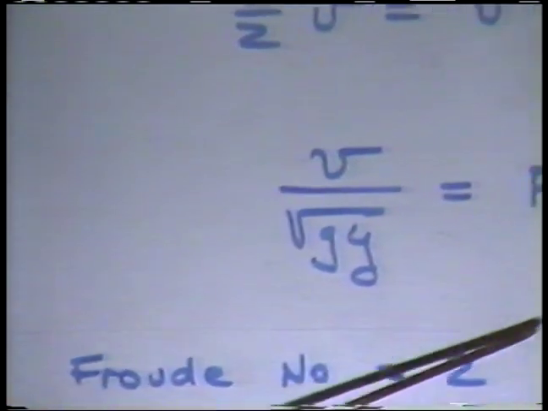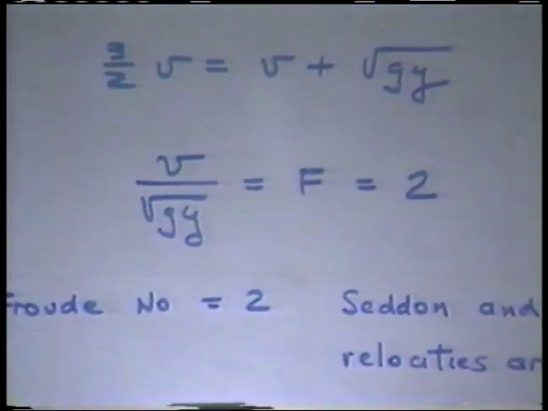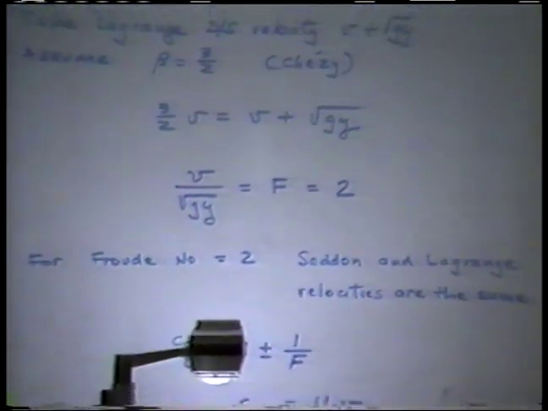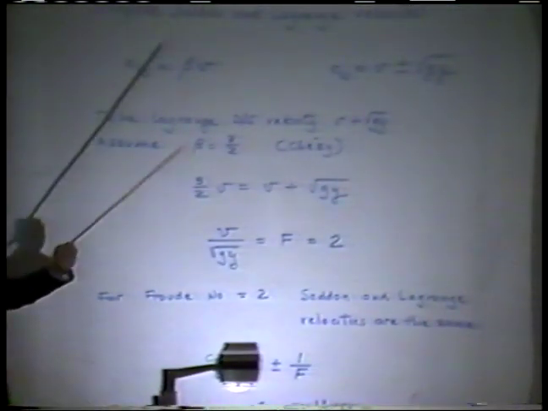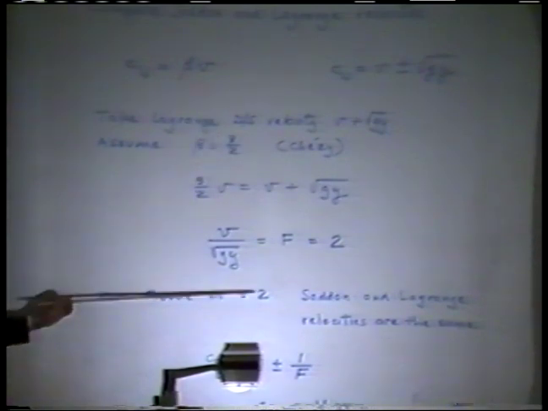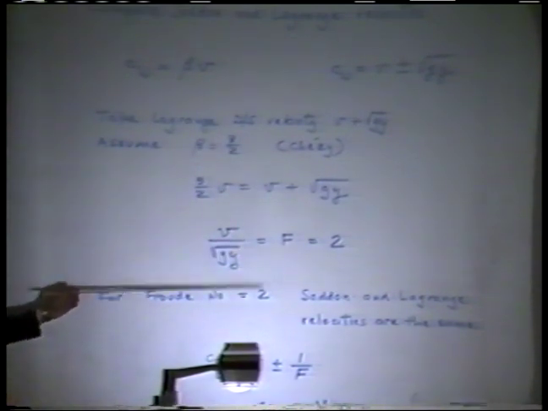However, we do learn from the hydrodynamic analysis that we have in here a Froude number equal to 2 where these two are the same. In fact, we can show to ourselves that if we had this condition, and that, by the way, Froude number equal to 2 is Chezy friction in wide channels. 1.5 would be Manning friction in wide channels.